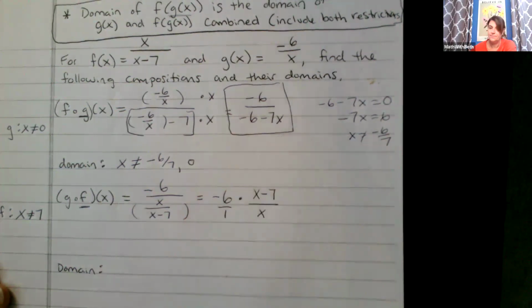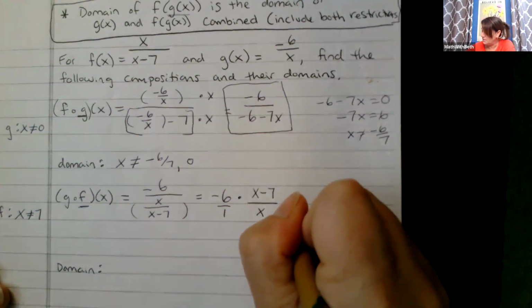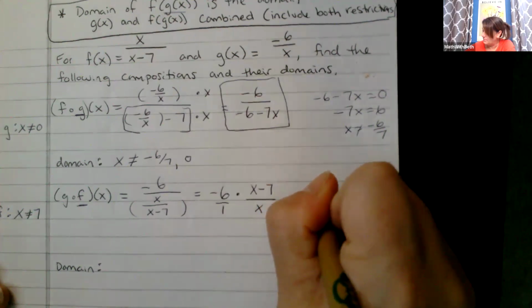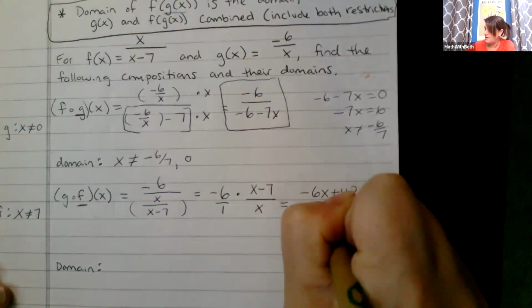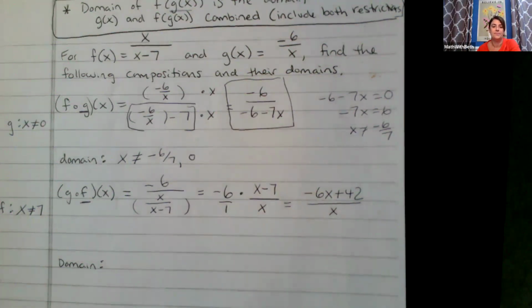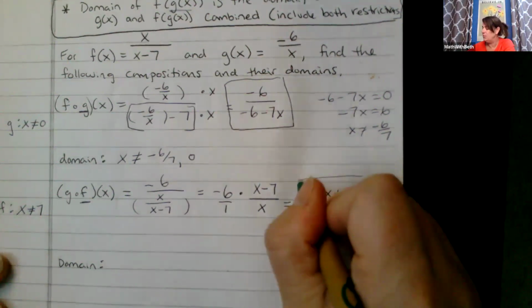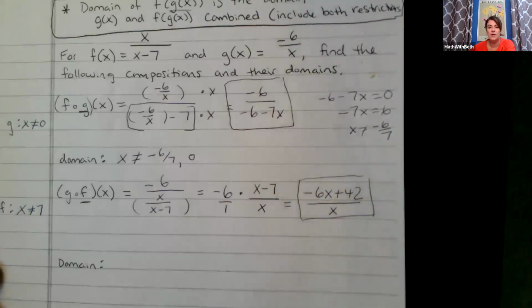And so that would get us negative 6x plus 42 over x. So this is my new function.